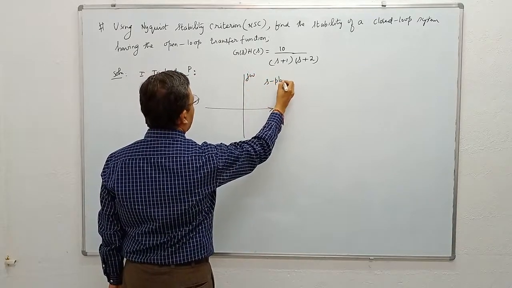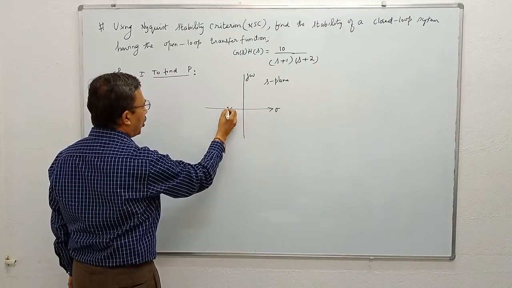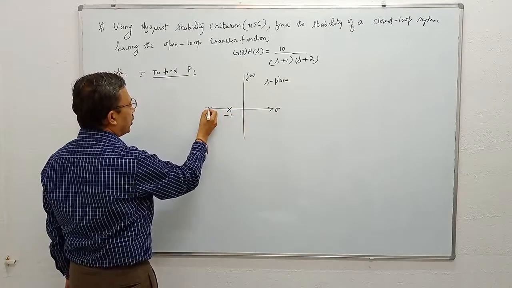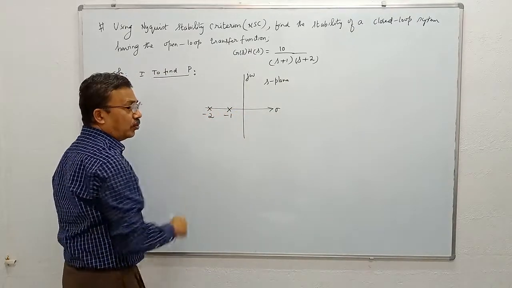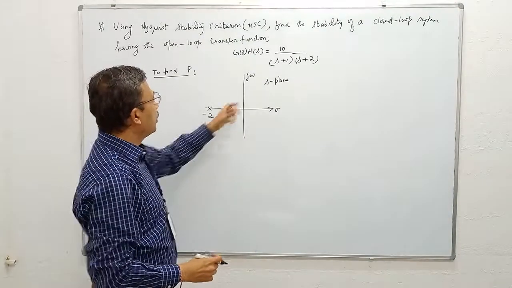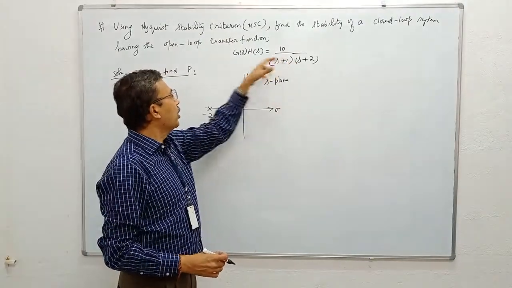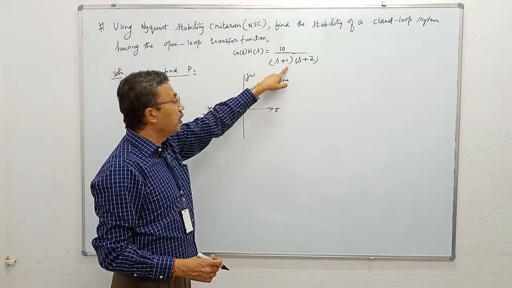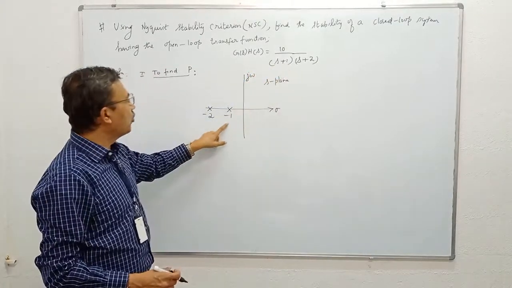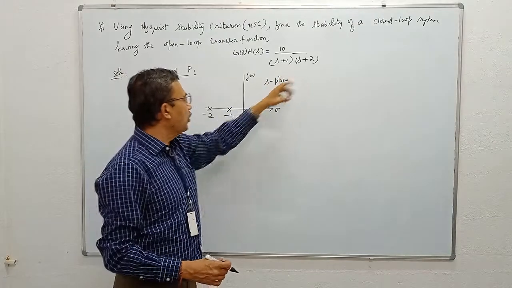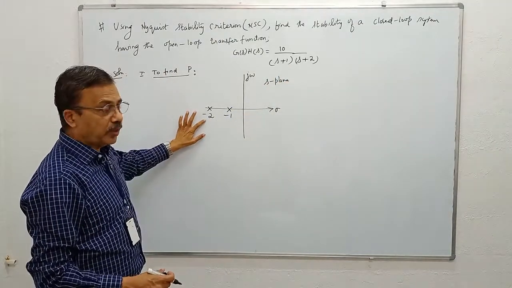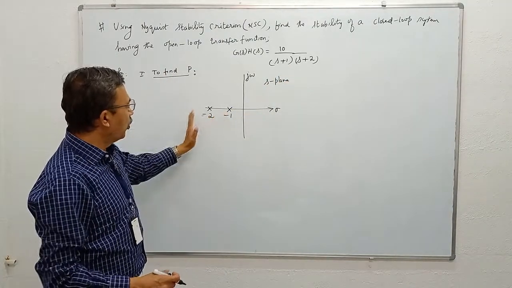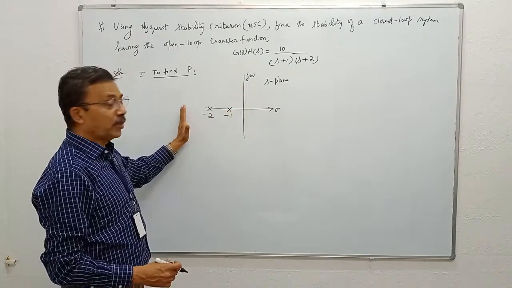We have one pole at s equal to minus 1. The other pole is at s equal to minus 2. How do you get the poles? Denominator polynomial of G(s)H(s) equated to 0. S plus 1 equated to 0 gives s equal to minus 1. S plus 2 equal to 0 gives s equal to minus 2.